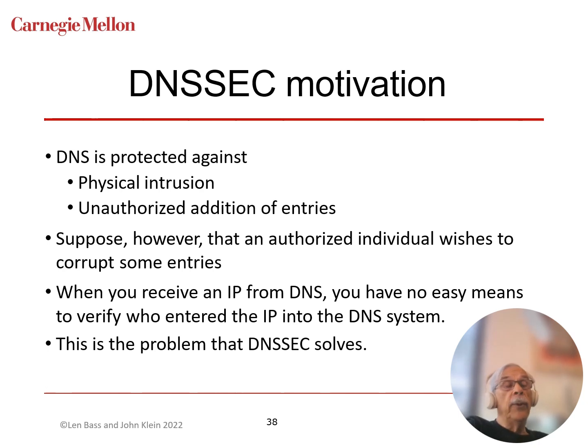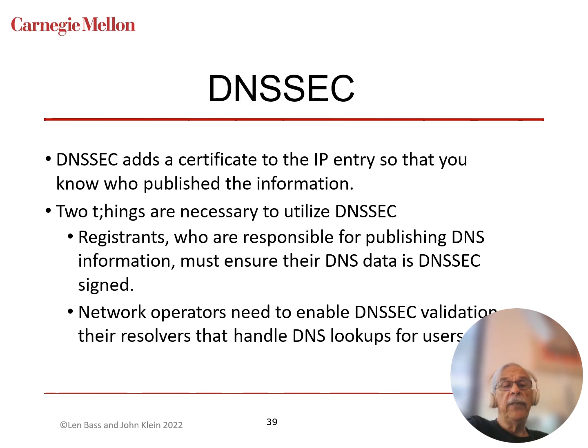So when you use the DNS system to get an IP based on a URL, you trust that that IP is correct. And DNSSEC says not only do you get the IP address, but you get a certificate of the person that put that DNS entry in.